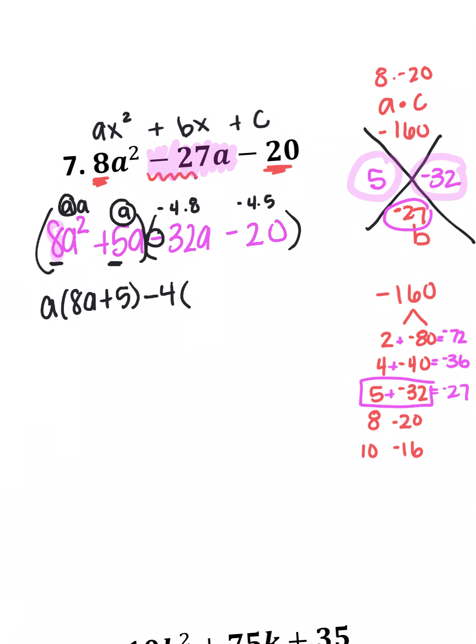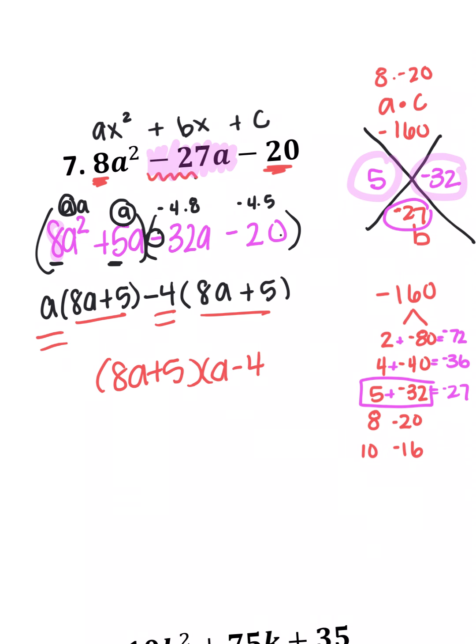Negative 32 divided by negative 4 would be a positive 8a, and negative 20 divided by negative 4 would be a positive 5. So my two factors are 8a plus 5 and a minus 4, and that would be your answer.